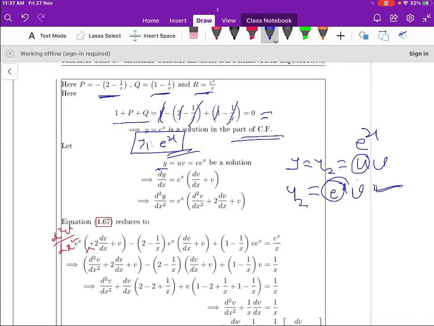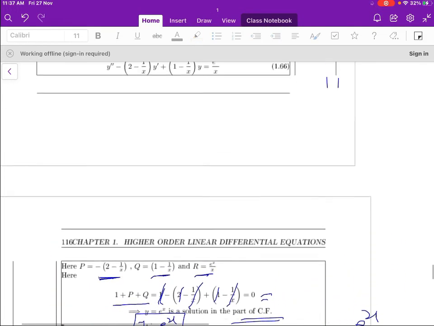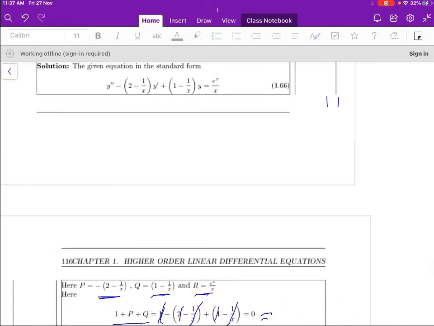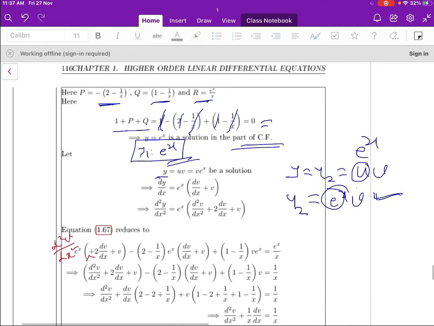To find y, we substitute dy by dx and d square y by dx square in the given differential equation, that is equation 1.66 here.